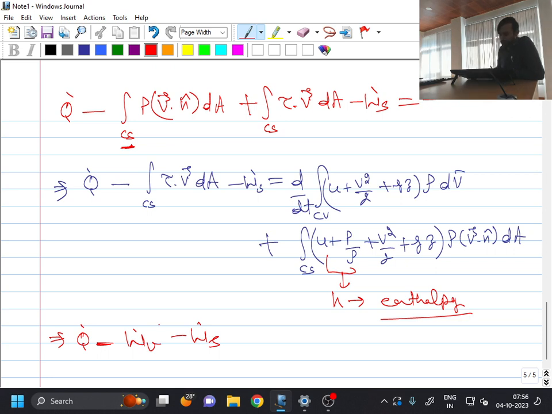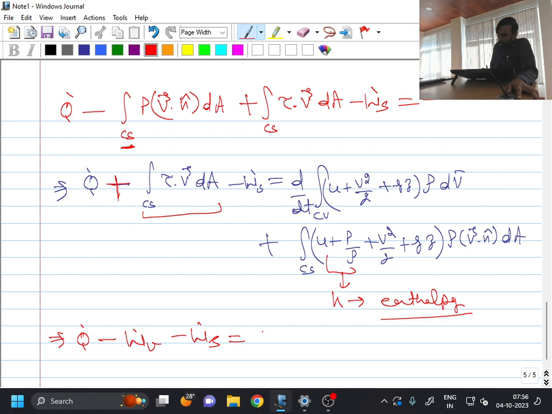Here, what have I missed? Minus became plus, right? That term became plus. Oh sorry, yes, plus. When I am using the tau formulation, it becomes plus, but if I simply write viscous work, then it comes as a minus sign, because that is minus of that.